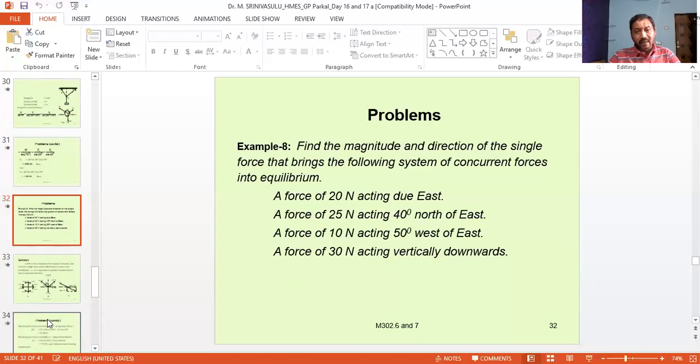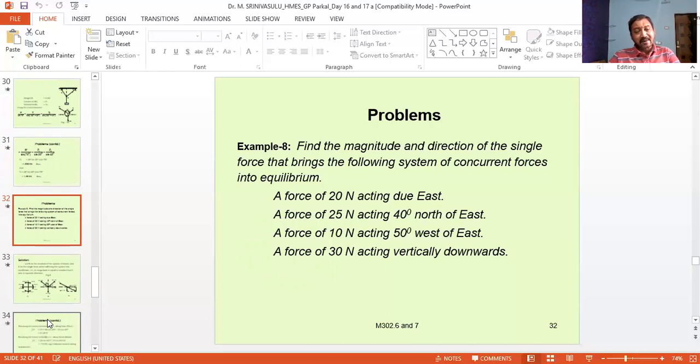However, we have to apply a new force so that the system will remain in the equilibrium condition. That force is called the equivalent, and that we need to find out. By definition, the equivalent is nothing but a resultant force which acts in the opposite direction.